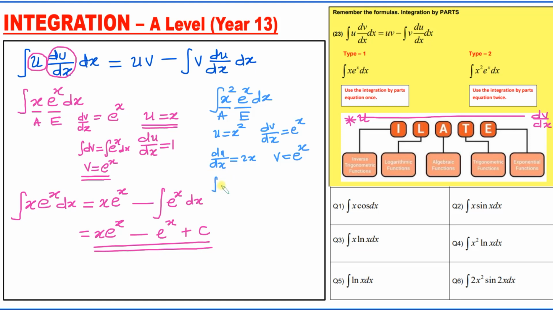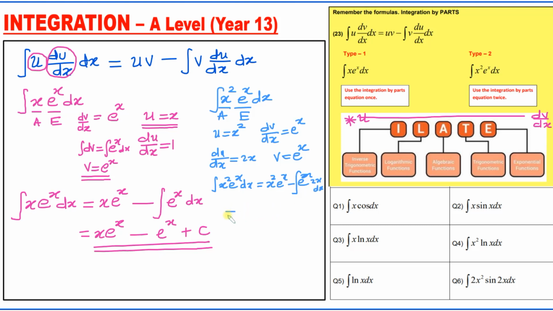So now integrating x squared e to the power x dx is equal to u times v. u times v is x squared e to the power x minus v times du by dx, which is e to the power x times 2x dx, right?